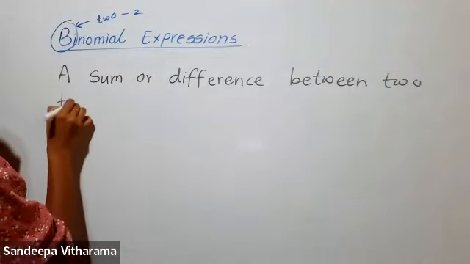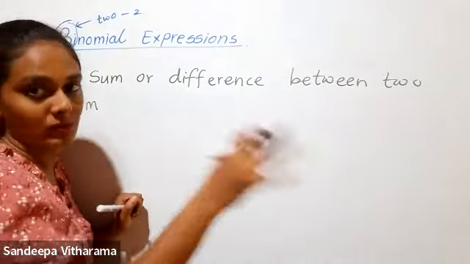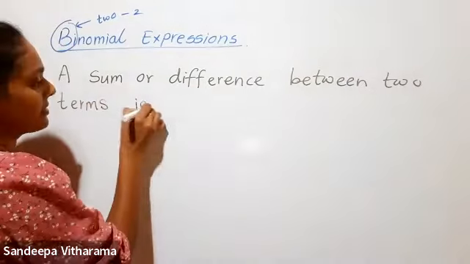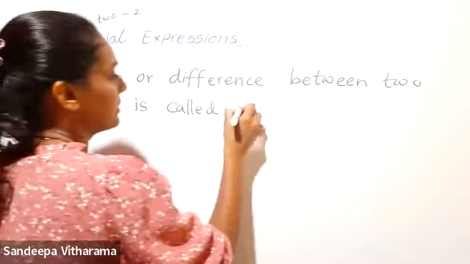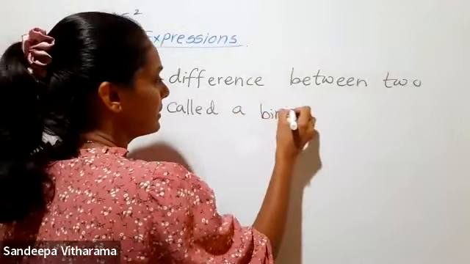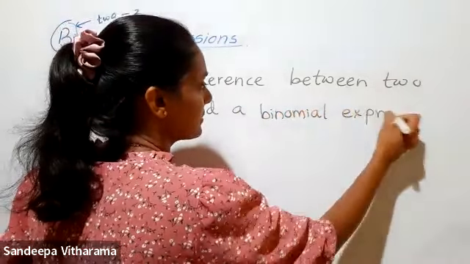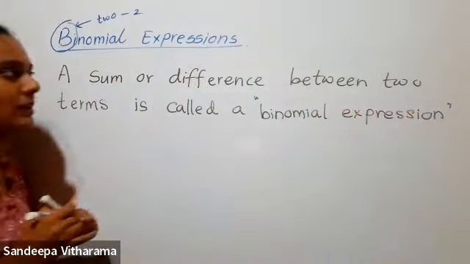Here terms indicates numbers, a term and a number, all one. Two terms is called a binomial expression. Okay, it is called a binomial expression.